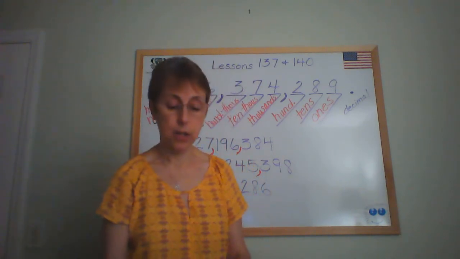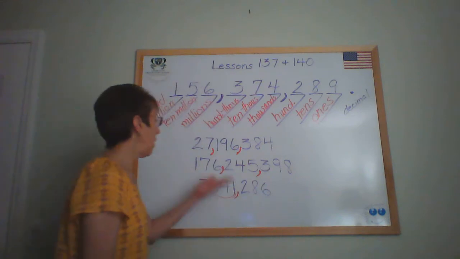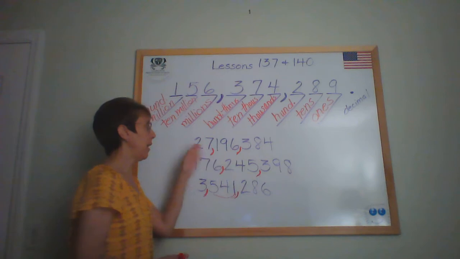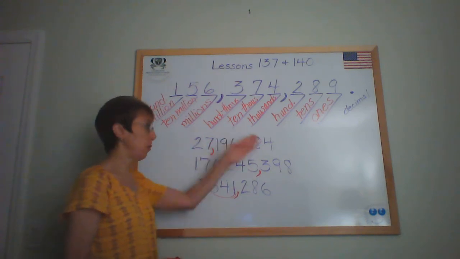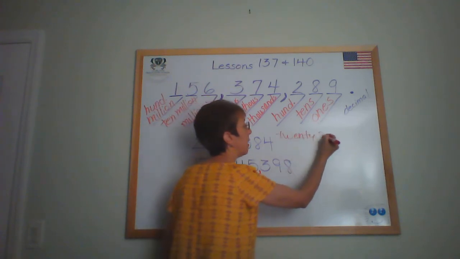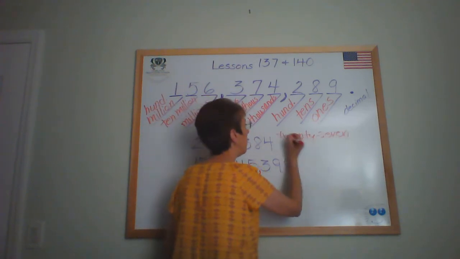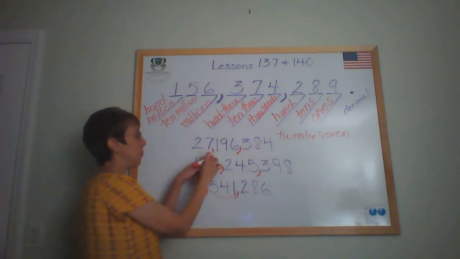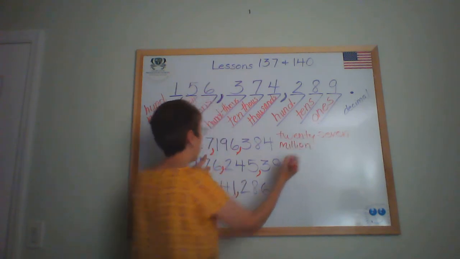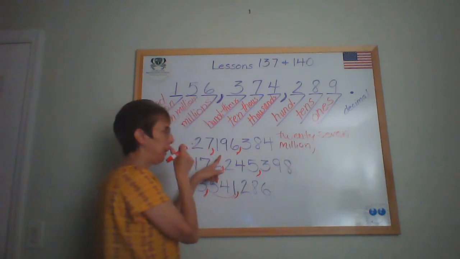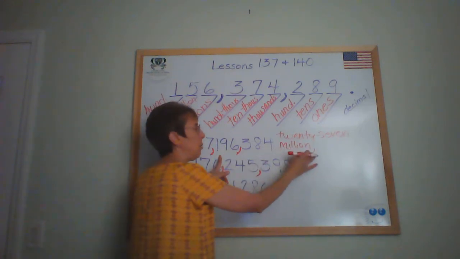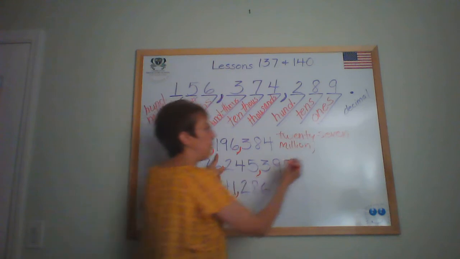So if you were going to be writing these in words, the way you heard me read it with you, that's how you would write it. You would write 27. Then you're at the comma, so that's million. We do place a comma when we write it. That's the only difference. When you're writing, you use the word million, but also place the comma. Then you have 196.